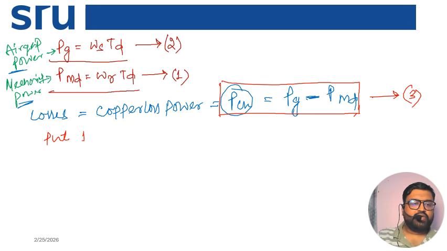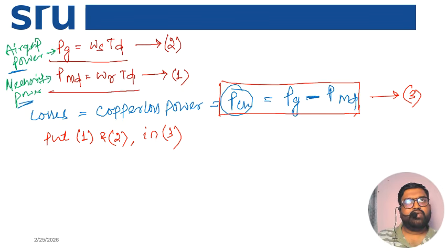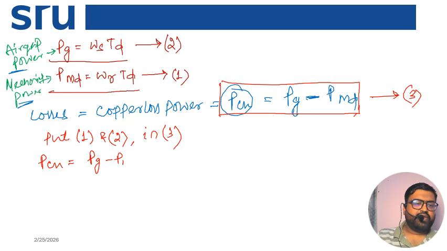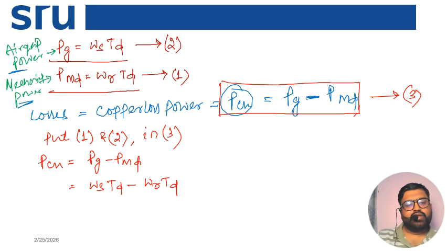Put equation 1 and equation 2 in equation 3. What will we get? P copper equals PG minus PMD. We put the values: omega s into TD minus omega r into TD.